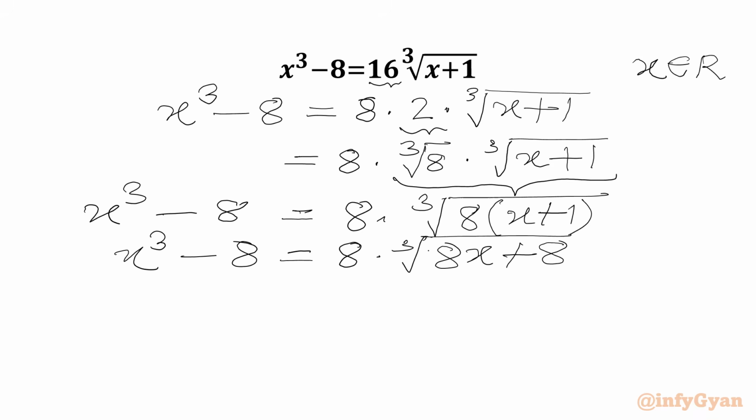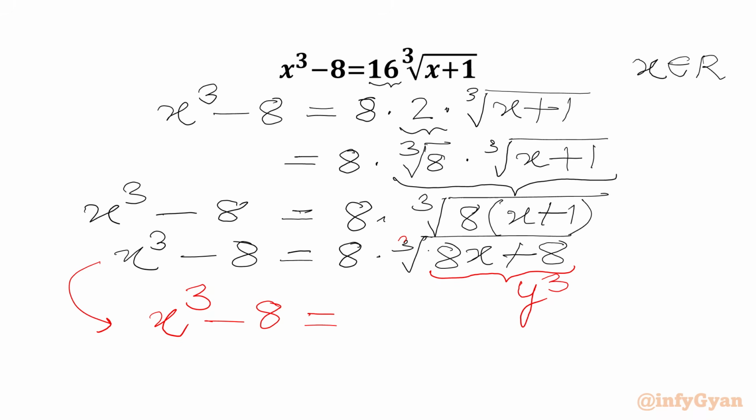Now it's substitution time. We will consider this radicand 8x plus 8 equal to y cube, as we have cube root here. So we will get our equation x cube minus 8 equal to 8 times cube root of y cube, which is y.